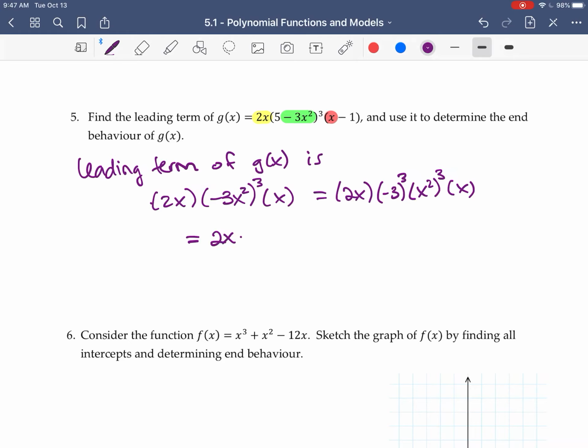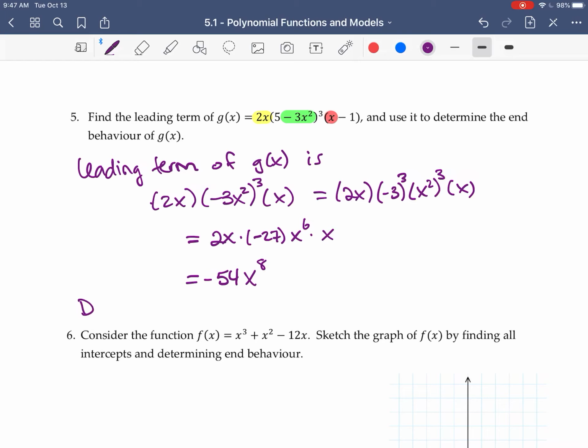Negative 3 cubed is negative 27. x squared cubed is x to the 6, times x. Now 2 times negative 27 is negative 54, and then I have 8 x's.